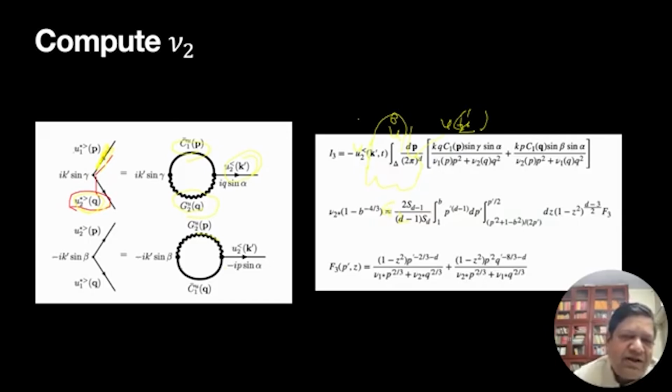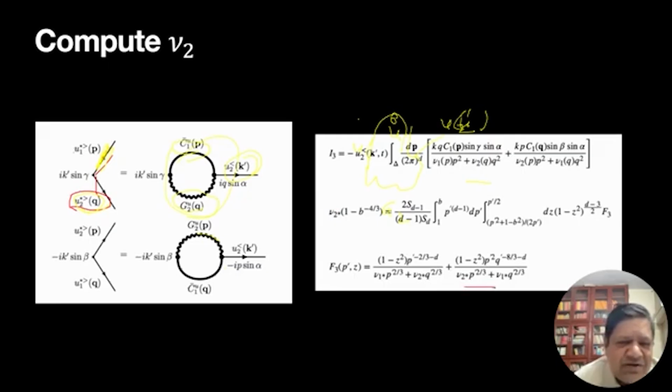So the integral here, I3, coming from these integrals, is here. Exactly the same thing we need to do as before, and we get nu2. Oh, I'm sorry, I forgot the square here. No square. Apologies, no square. Because at the bottom, this one has nu2 and nu1.